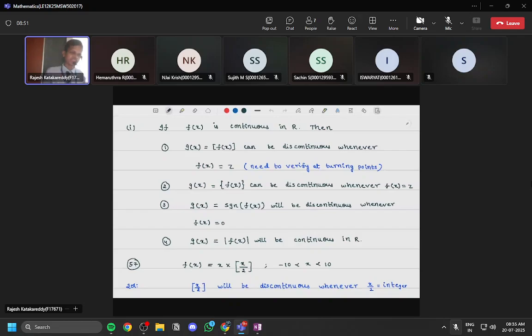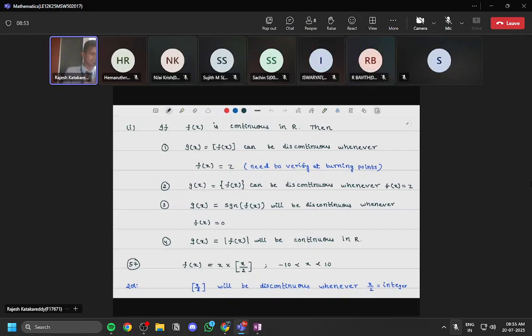If a function changes its nature from increasing to decreasing or from decreasing to increasing, that is called a turning point. At that point, we need to check very carefully. Clear? Any doubts? This is what I wanted to correct, and the remaining I kept as such.